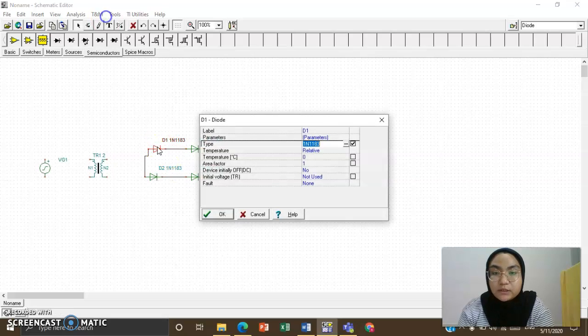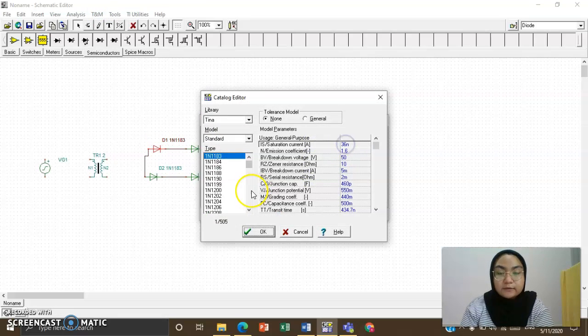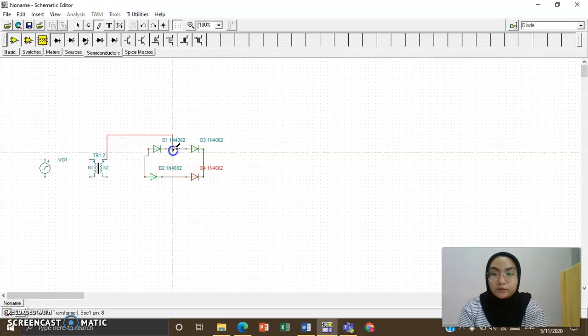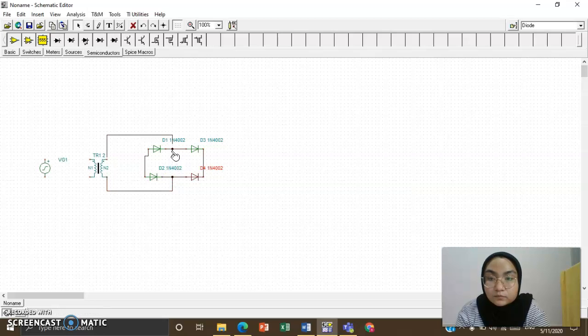Okay, and then for the diode we need to change to the ideal type, which is 1N4002. Need to change for all the diodes. Okay, I changed all the values of the diodes, so now I need to connect all the components.